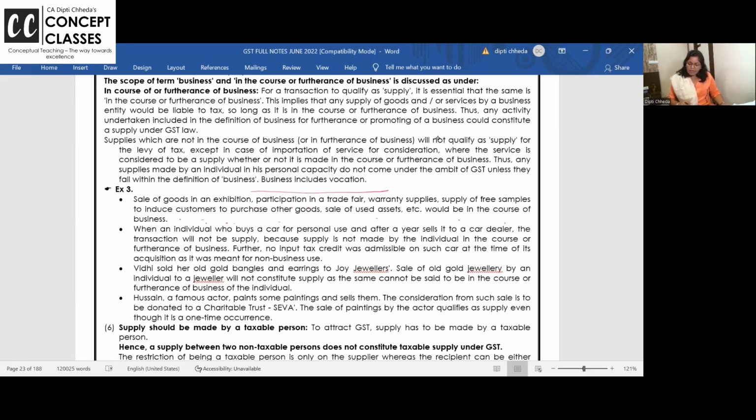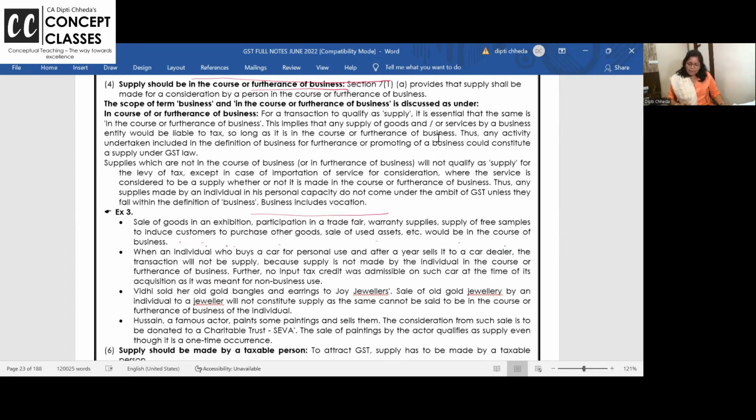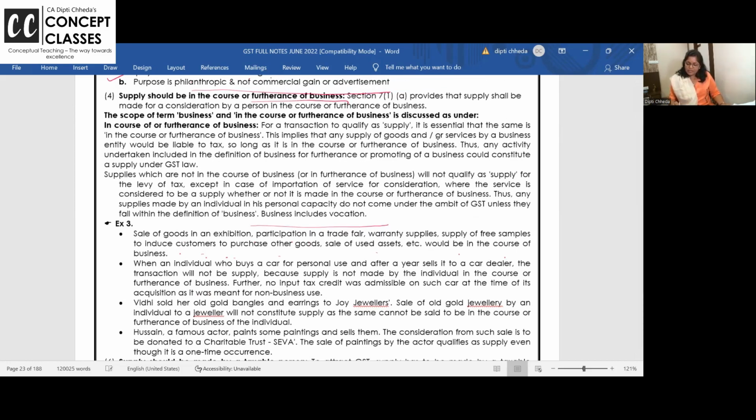Now, let's read this a bit. Supply includes furtherance of business. It is essential that the same is in the course or furtherance of business. It would be liable to tax so long as it is related to business. Supplies which are not in the course of business will not qualify as supply, except in case of importation of service for personal reason.